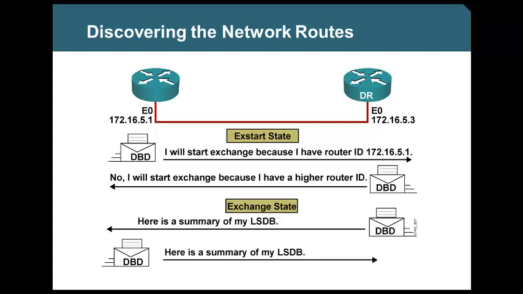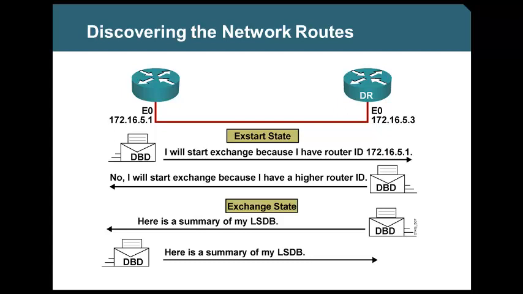It can be Fast Ethernet or Gig Ethernet or 10 Gig Ethernet or normal simple Ethernet. So DR-BDR is elected in the start state.